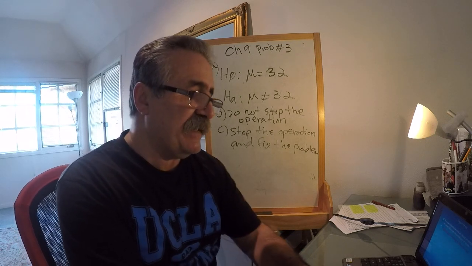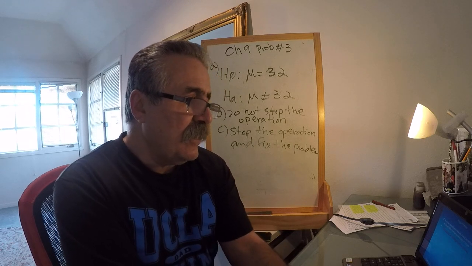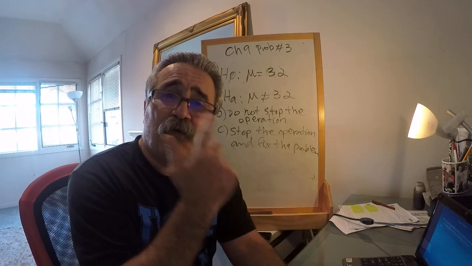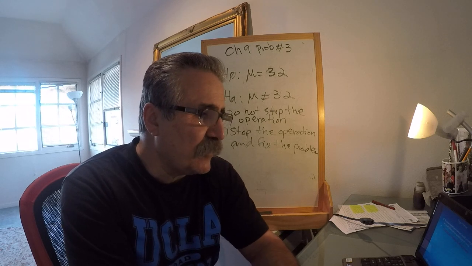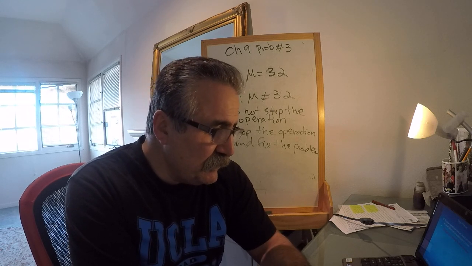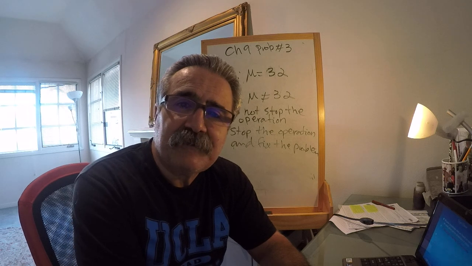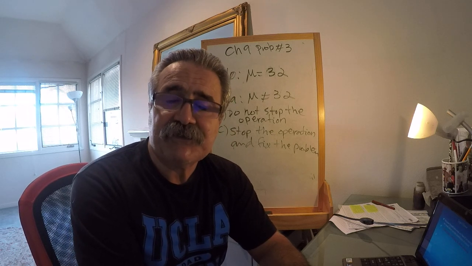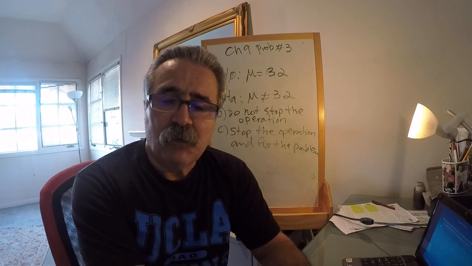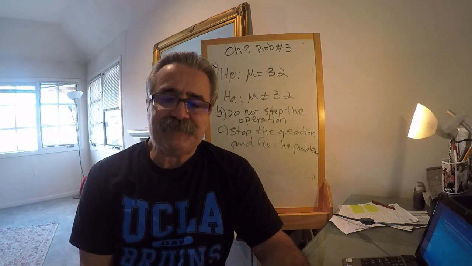If you have the old PowerPoint ready, go to slide number 12. They're talking about type 1 and type 2 errors. Let me tell you what it is that they're talking about.